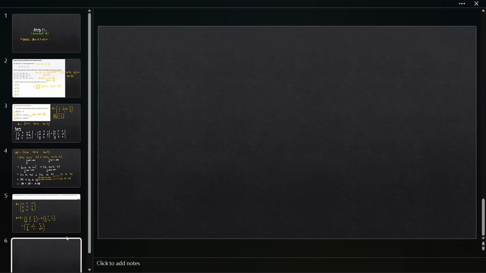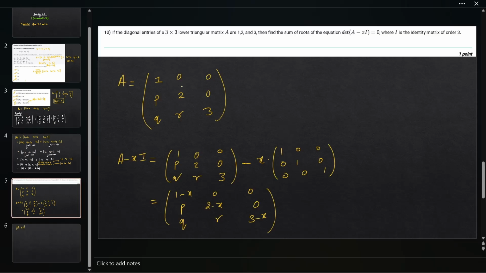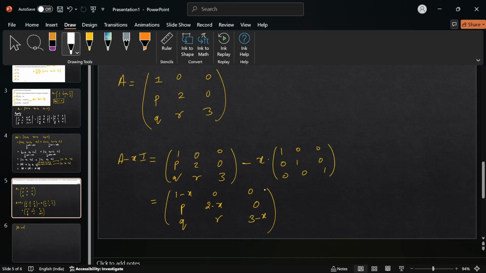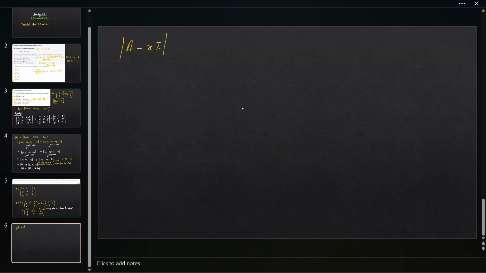Now we want to find the determinant of A minus xI. So we can observe one thing about A minus xI, that A minus xI is also a lower triangular matrix. And we have seen this property of triangular matrix, that the determinant of a triangular matrix is just the product of the diagonal elements.